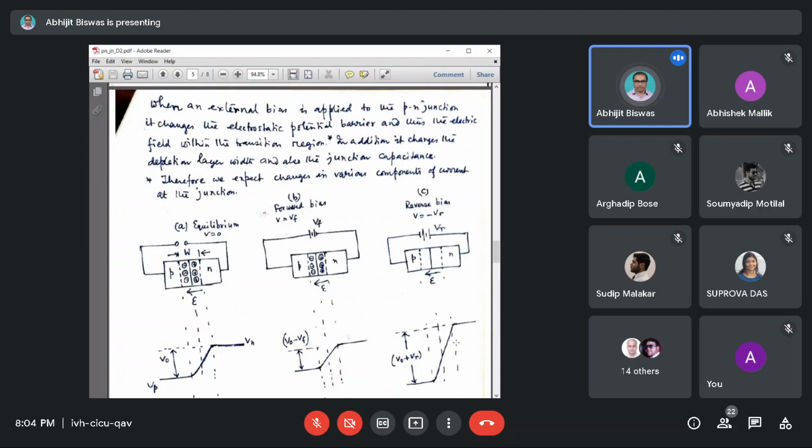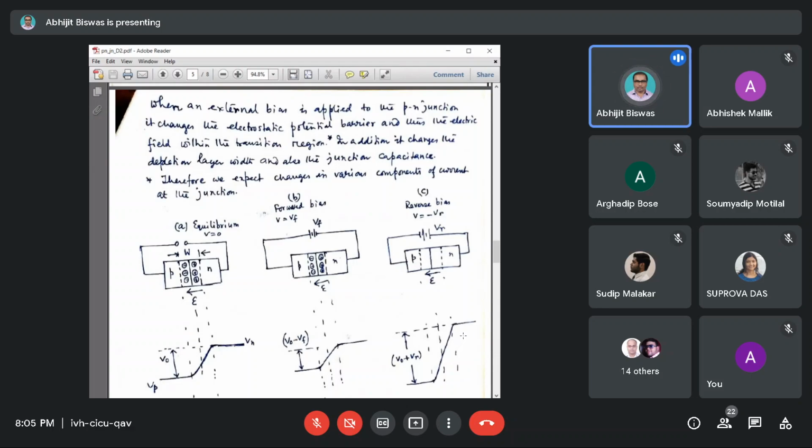So when an external bias is applied to the PN junction, it causes a change in the electrostatic potential barrier, and therefore there will be a change in the electric field in the depletion region, and we can expect changes in various components of current that flow across the junction.